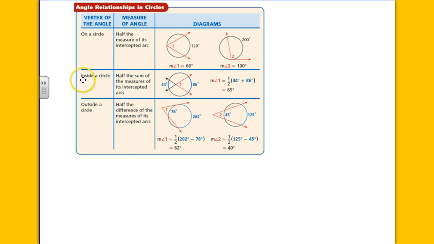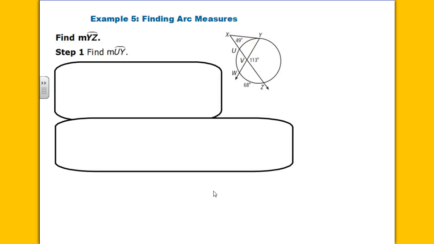When we have a vertex inside the circle, we take half of the sum of the measures of its intercepted arcs. And when we have the vertex outside the circle, we take half of the difference of its intercepted arcs. So just a beautiful summary of what we have been working with the last couple days and today.